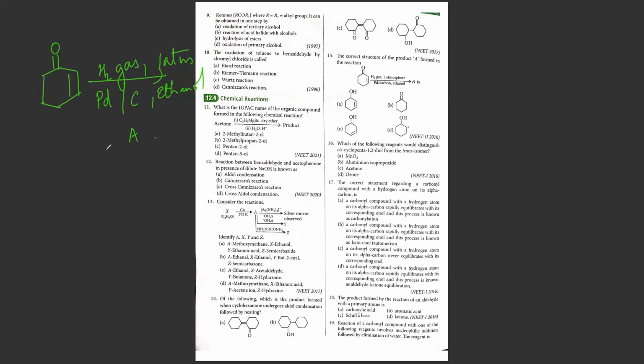So either the hydrogen should be added to C double bond C or to C double bond O. So it is a reduction reaction wherein hydrogen molecules will be added to the C double bond C bond, because the C double bond C bond is reduced faster than the C double bond O bond with hydrogenation.